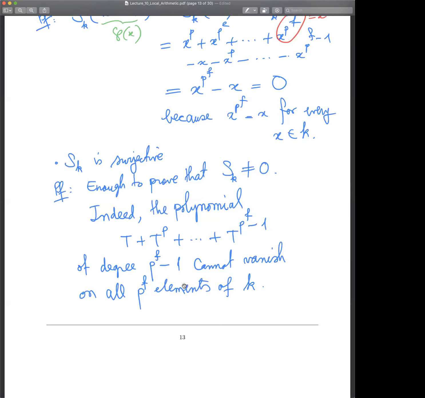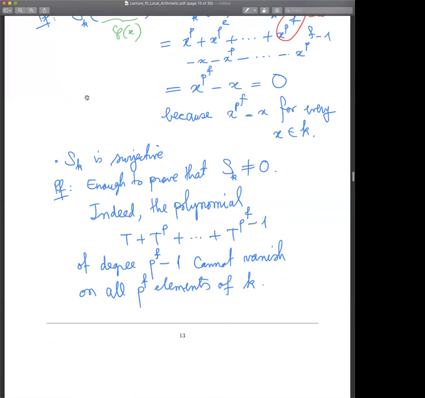It cannot have q zeros, right? A polynomial of degree q minus 1 can have at most q minus 1 zeros in the field k. So there has to be at least one element which is not a zero of this polynomial. In other words, at least one element whose trace is not zero. And that is sufficient for me, because if a linear map takes a non-zero value, it has to be surjective. So that shows that Sk is surjective.